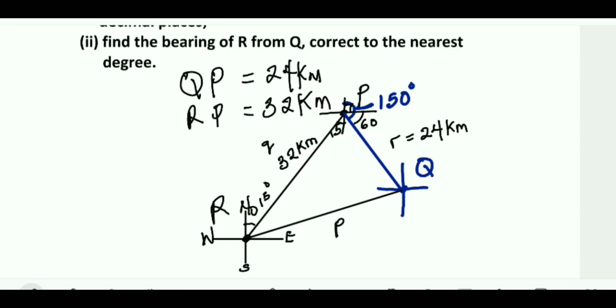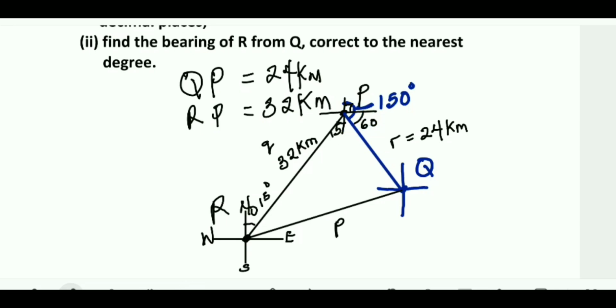Alright, now look at all of these angles you have here. All of this is angles on a straight line, and the sum of angles on a straight line is 180, right? Okay. So remember you got this from here to this point as 150. So the remaining portion here will be 180 minus 150.